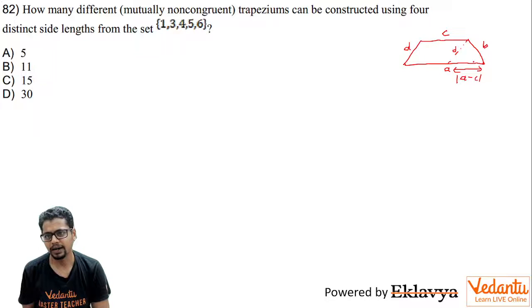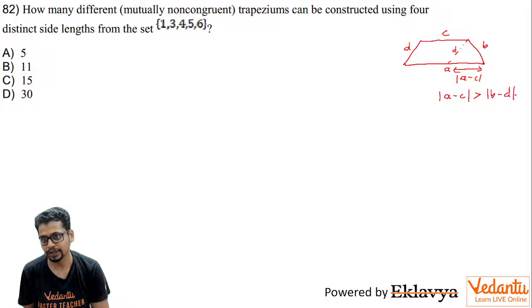And what about this triangle? If I consider this triangle, one of whose sides is B, another side is D, and yet another side is A minus C, essentially because I have taken the longer parallel side to have length A. But in general, let's call it mod of A minus C. So the third side is always greater than the difference of the other two sides of a triangle.